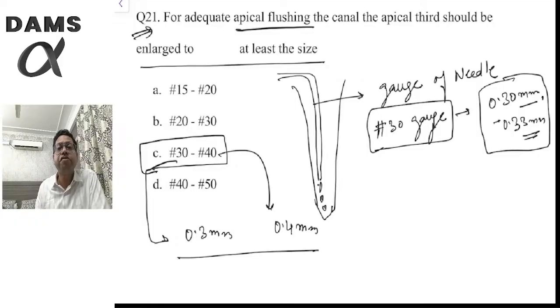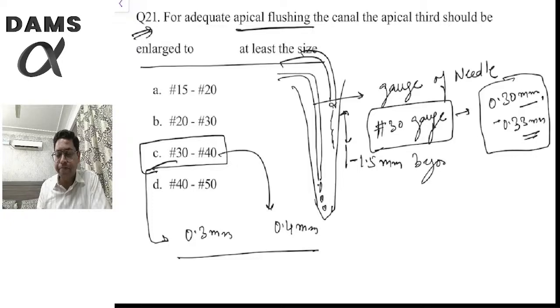Why is it important to insert it to the apical 1/3? Can we place the needle in the coronal 1/3 and then flush it? No, because if we place the needle in the coronal 1/3 or middle 1/3, the irrigant would seep only 1 to 1.5 millimeter beyond the needle tip.